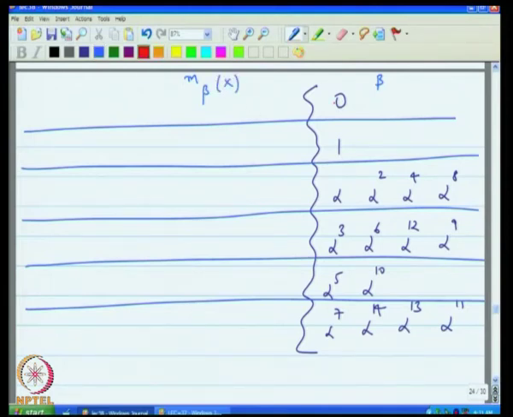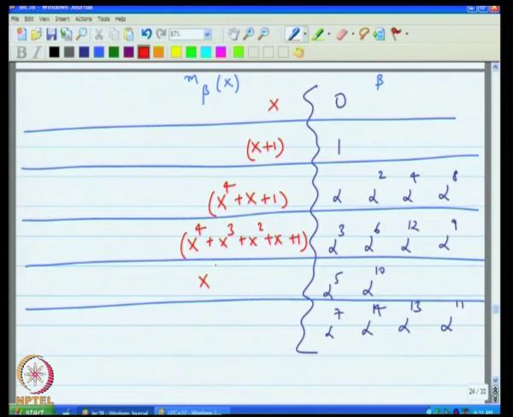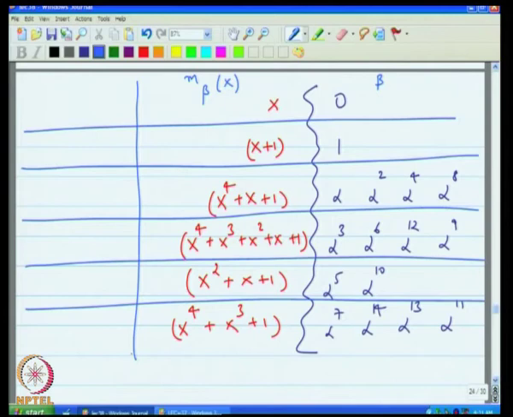So, it turns out that m beta of this is just x, this is x plus 1, here you have x 4 plus x plus 1, x 4 plus x cubed plus x squared plus x plus 1, x squared plus x plus 1, x 4 plus x cubed plus 1. So, this is the structure in terms of minimal polynomials.